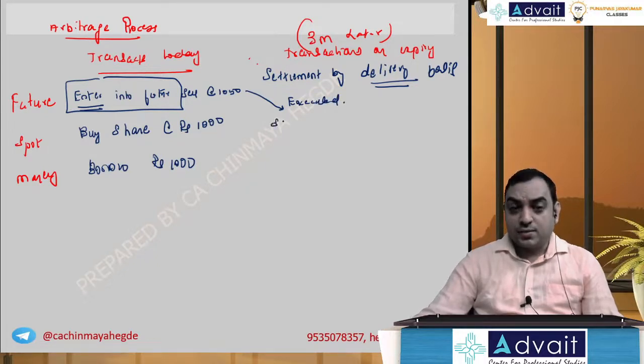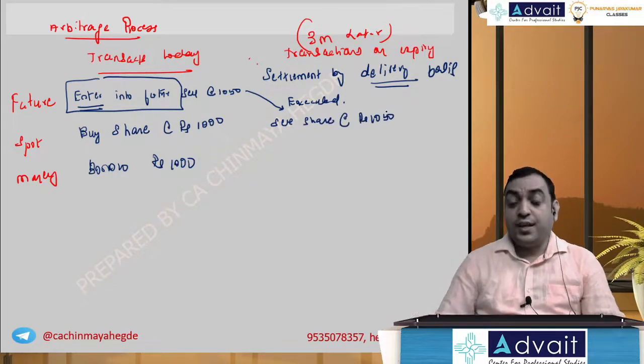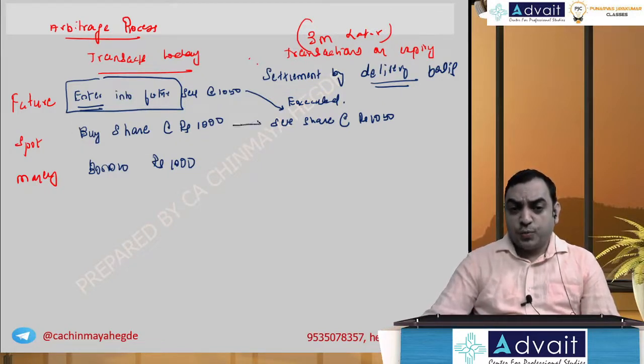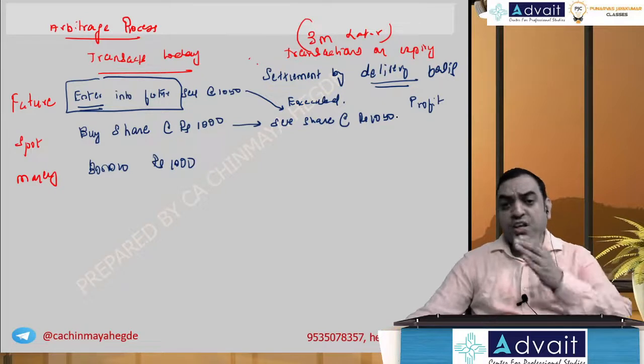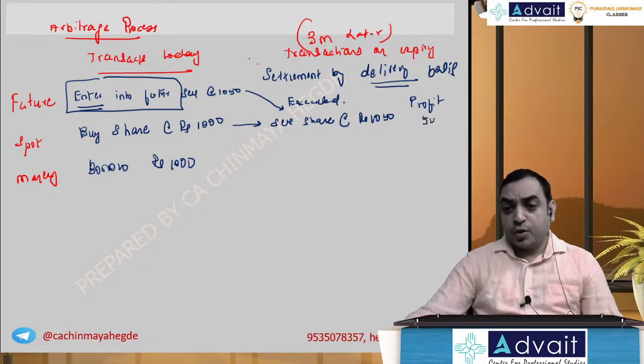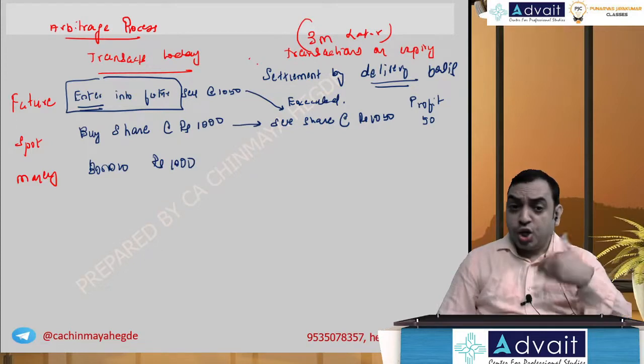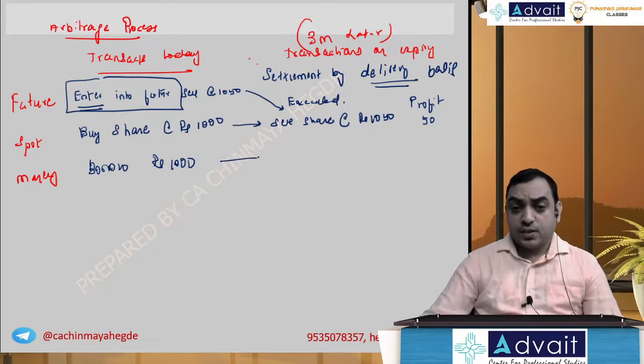You sell the share at rupees 1050. Where is the share for you to sell? You purchased it earlier. That is what is going to be sold. And thereby you will make a profit: you bought at 1000, you sell at 1050, so you make a profit of 50 rupees. And you borrowed 1000 rupees. On that you have to pay interest. So repay.